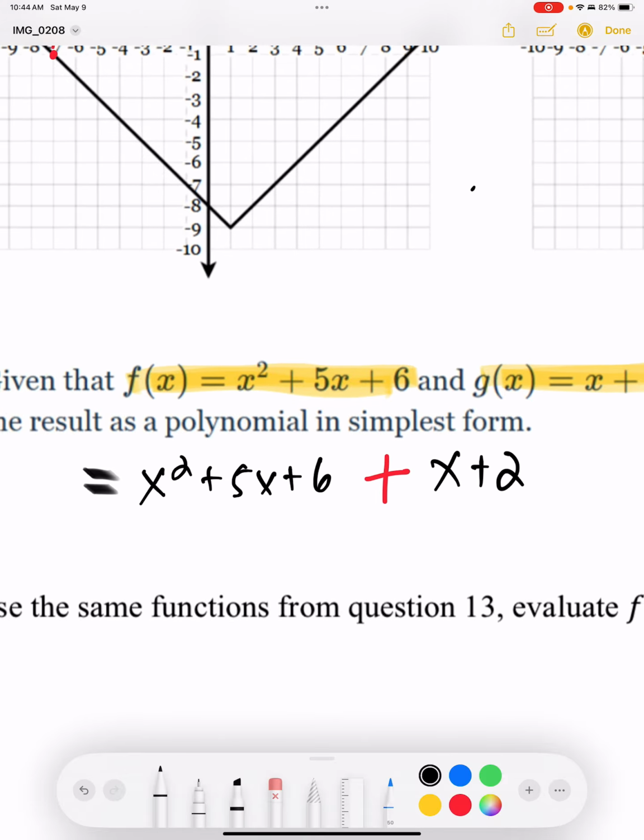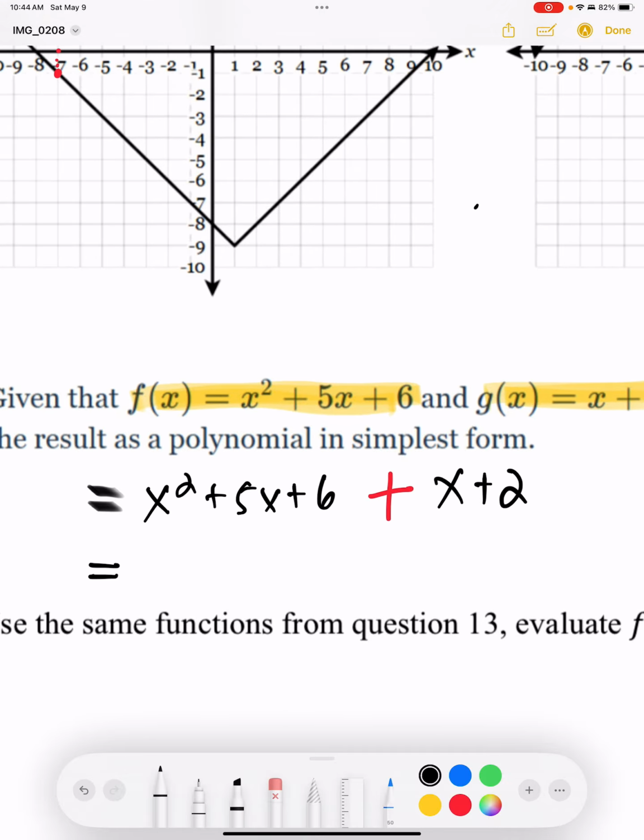So simplify your answer. Okay, x squared can only add with other x squared. So there is no more. That goes into the final answer. 5x can add with another term that has an x. So it'd be this one. Because it's positive, it's basically 5 plus 1. So that's a 6x. And then 6, that's a constant.